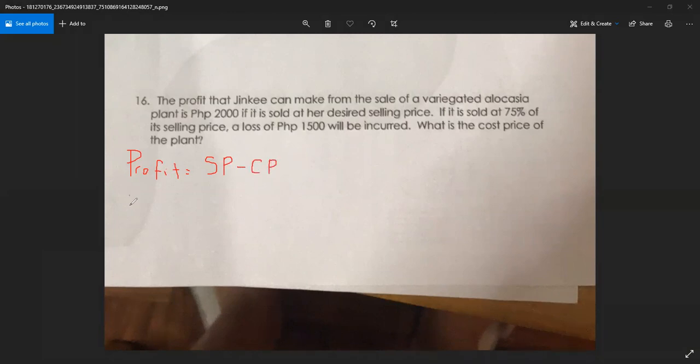And the loss, isn't it that in business we have profit, we have loss. Loss is equivalent to cost price minus selling price.